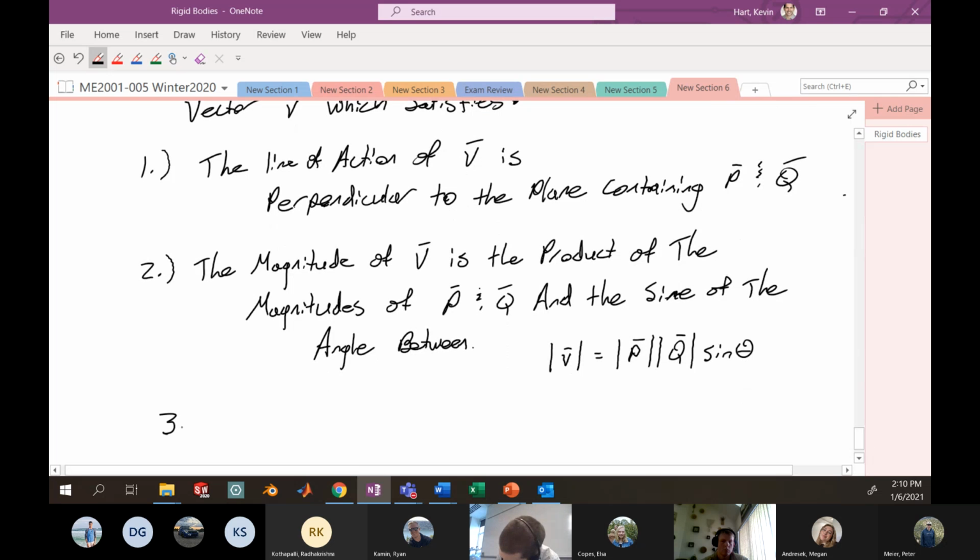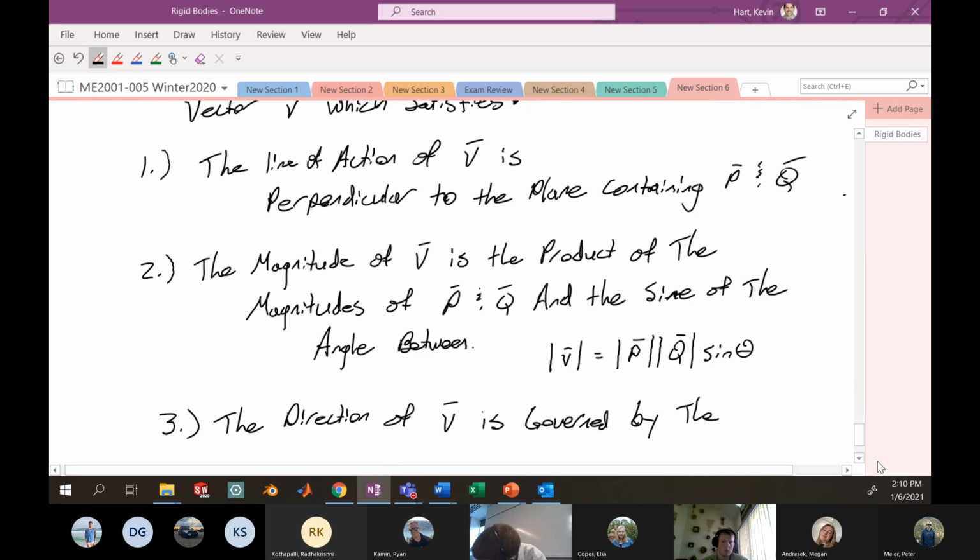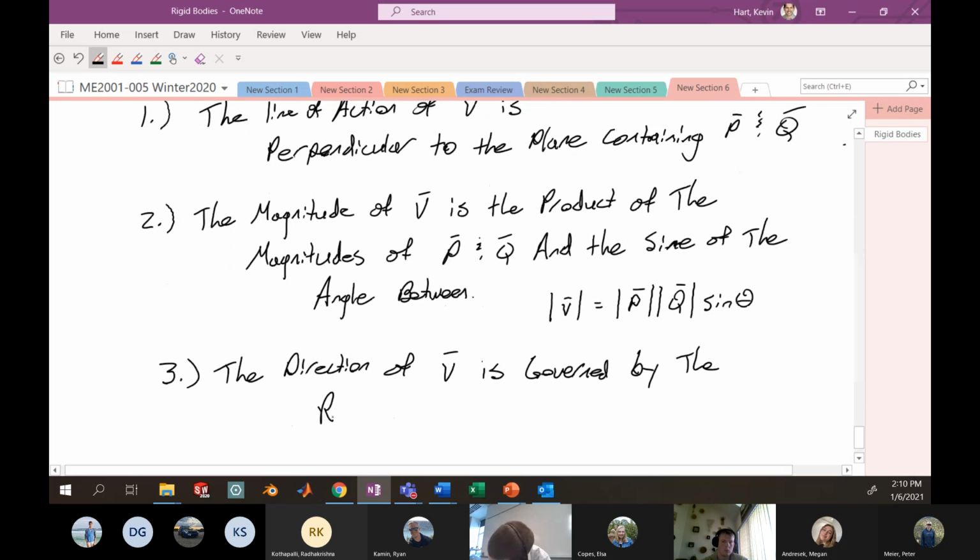Lastly, and I'll discuss this in just a second, the direction of V is governed by the right-hand rule. And I'll show what that is in just a second.